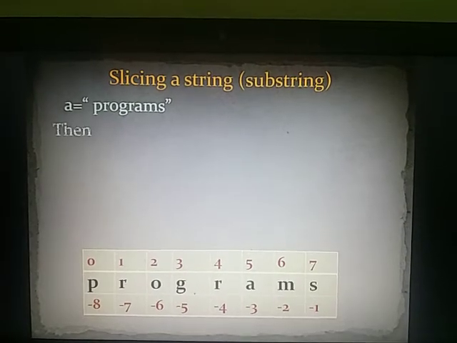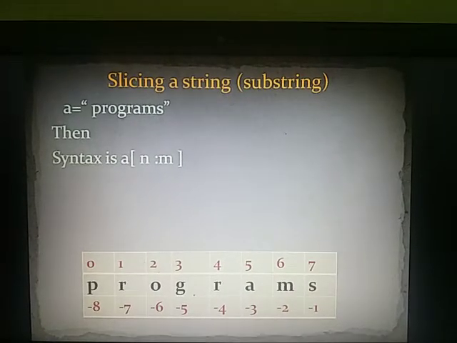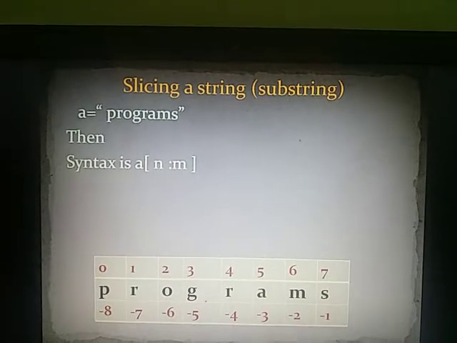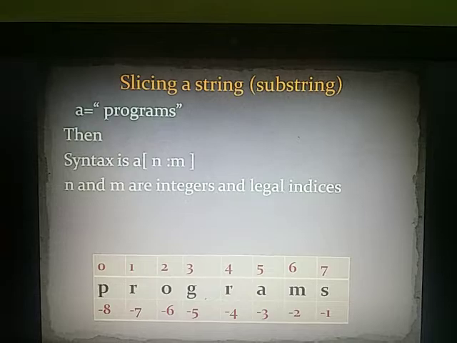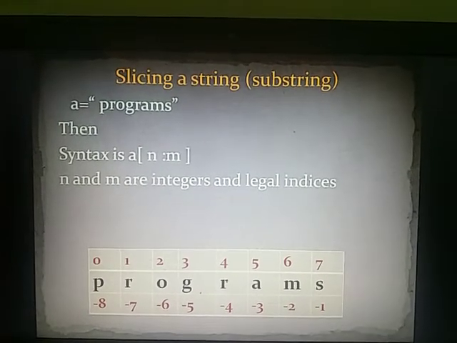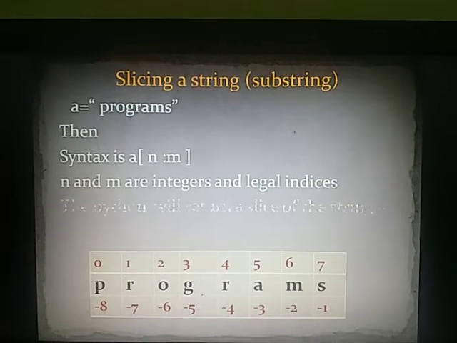Now the syntax for this is n colon m, that means the first index number from where you want to start, and then the second index number, but it will not include m, that is, it will be m minus 1. Remember, it will be m minus 1.